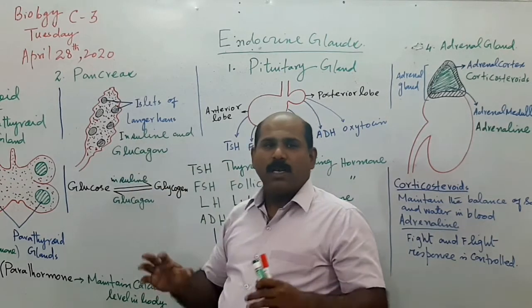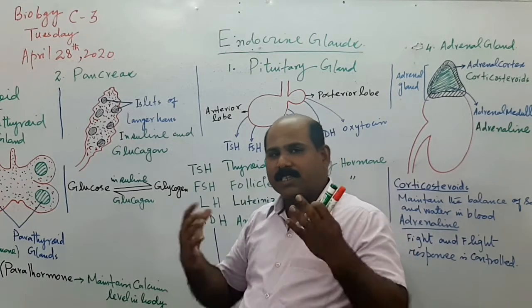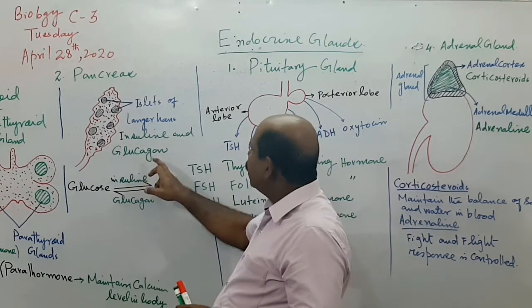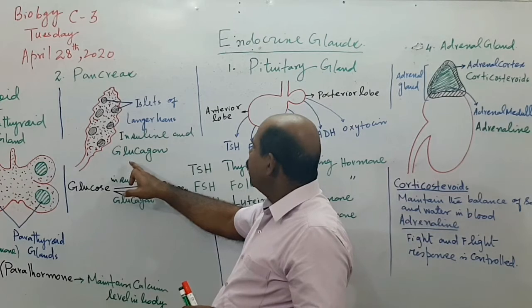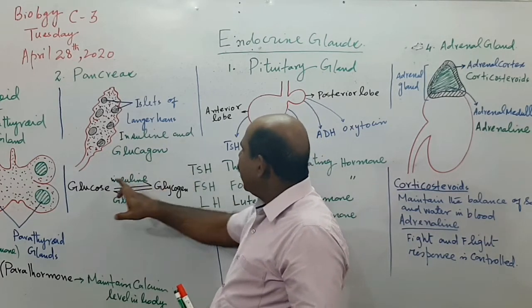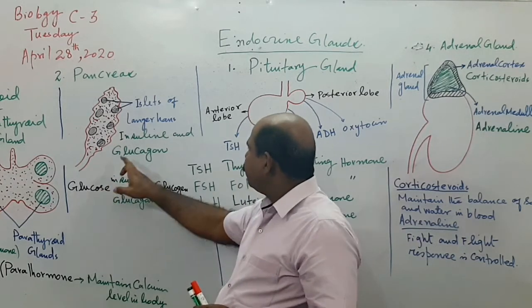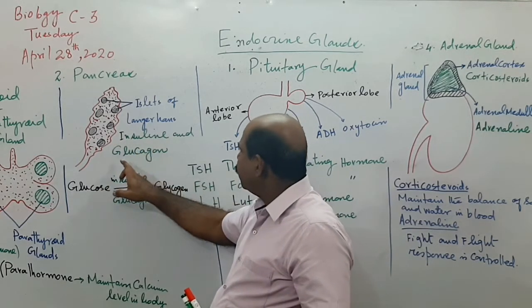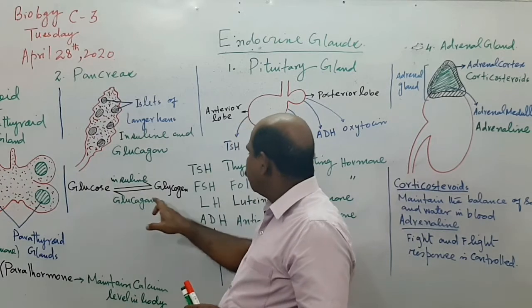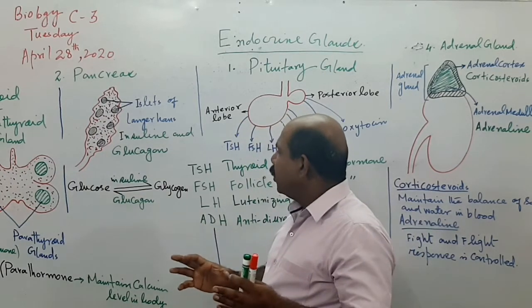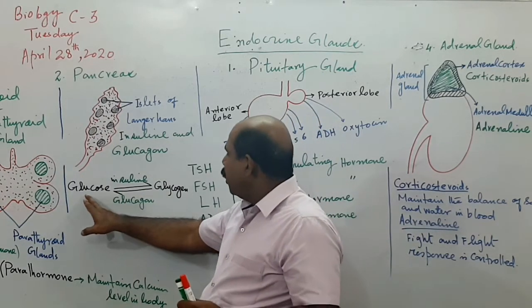In our book there is a discussion only on insulin, but there is another one you will also study later on. This is called glucagon, and I have summarized the function of these. These two hormones are responsible for maintaining the glucose concentration in the body.